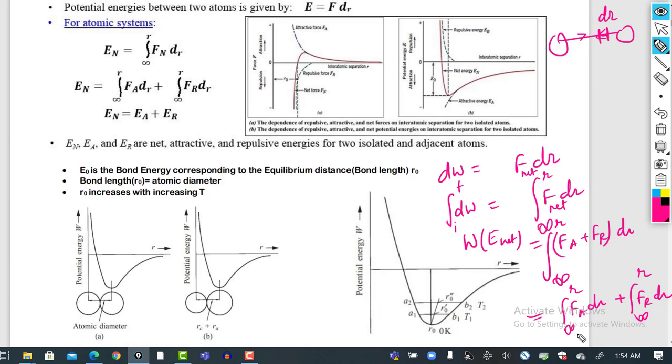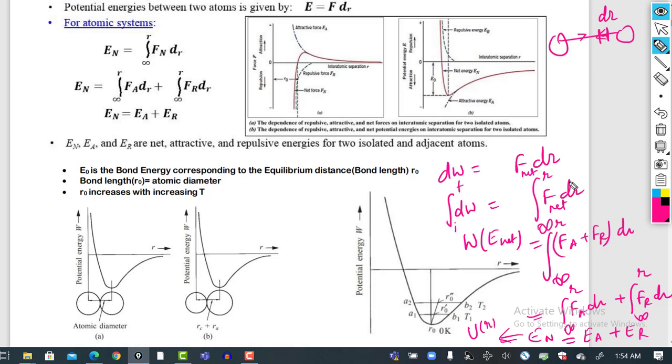Now Fa into dr is going to give you the attractive part of energy, that is Ea, and Fr dr is just work done, force into displacement, so the repulsive part of energy, that is Er. So basically the net energy is going to be Ea plus Er. This net energy is a function of r actually, sometimes it is also denoted by U or U of r, that is also energy. So it is an algebraic sum of both the attractive part and the repulsive part.